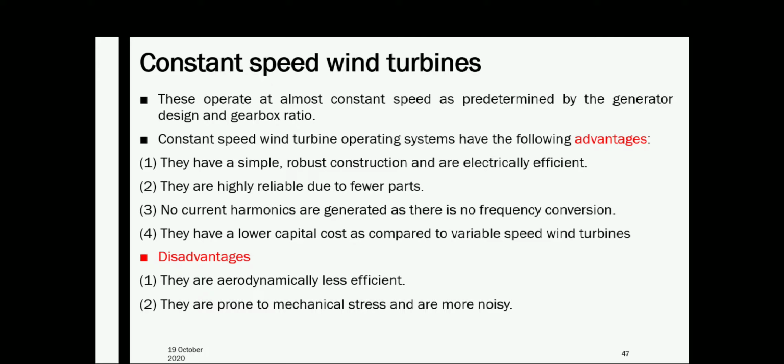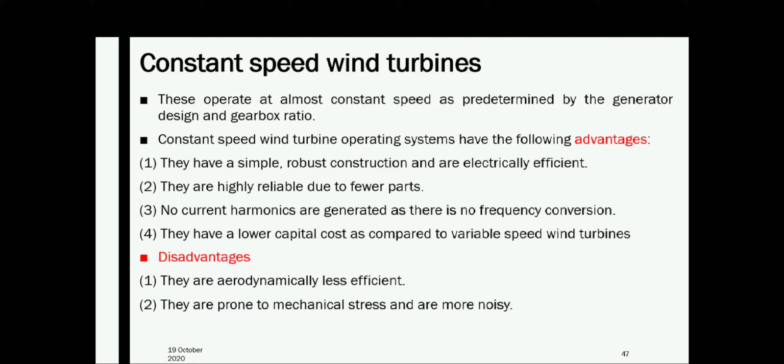Consequently, this results in reduced rotor efficiency and limitations in the power output. Some other variations of this concept operate the wind turbine at two distinct constant speeds, by either changing the number of poles of the induction motor or changing the gear ratio. The commonly used type is the pitch angle regulated turbine. Here you can vary the pitch angle to tap the maximum power from the wind turbine.